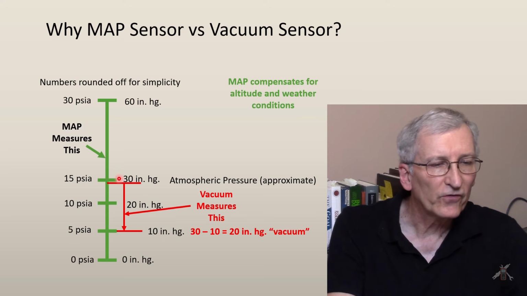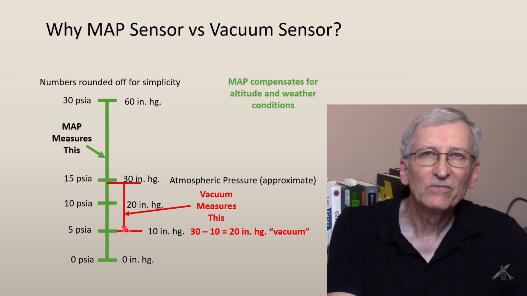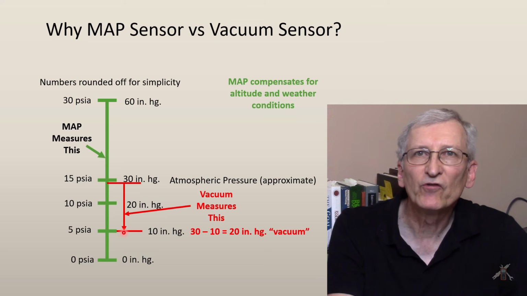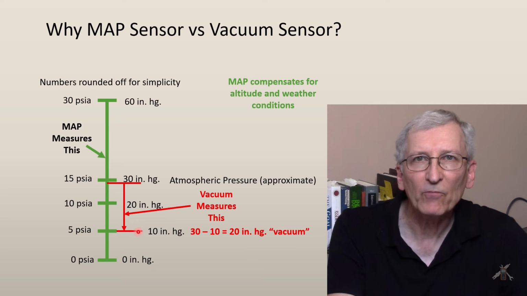So I'm at 30 inches of mercury atmosphere. My engine's running at 20 inches of vacuum, right? 30 minus 10 is 20. So my engine is running at 10 inches absolute. 5 psi, 10 inches absolute.